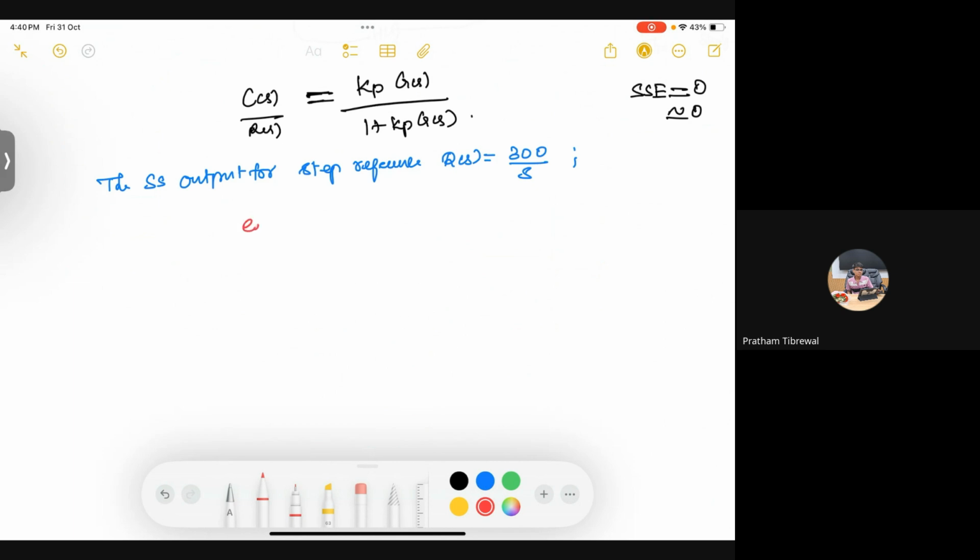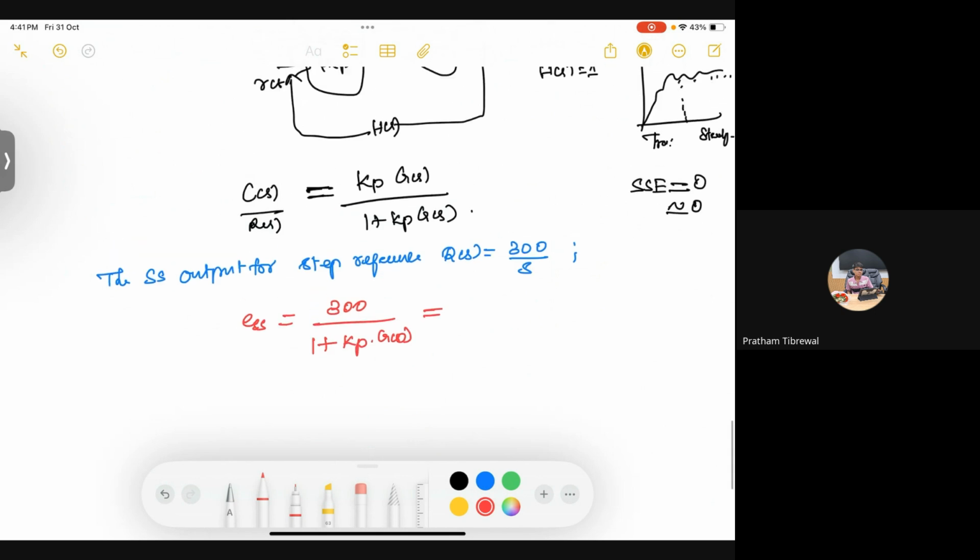So your steady state error would look something like this: 300 divided by 1 plus Kp into G of 0, where I'm substituting S equal to 0. Wherever there is an S in G of S, that should go to 0.